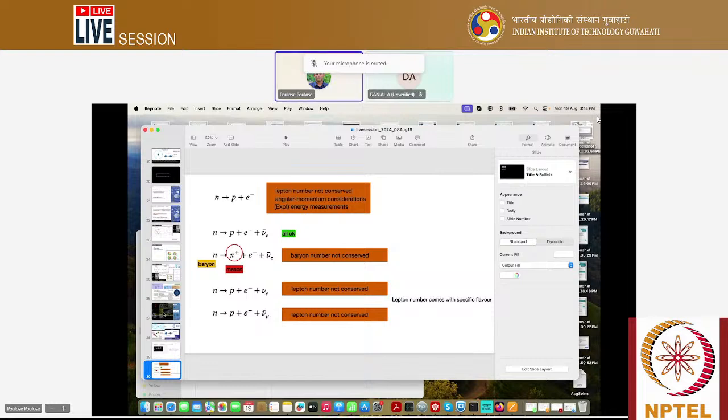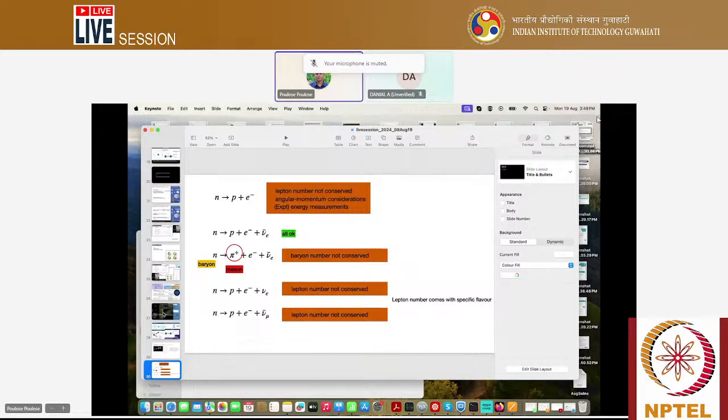So in this particular thing, the second line, n going to p plus e minus nu bar: one baryon with lepton number equal to 0 and baryon number equal to 1 is decaying to another baryon p, which has baryon number 1, lepton number 0, an electron with lepton number 1, baryon number 0, and an antineutrino, which has lepton number -1, baryon number 0.